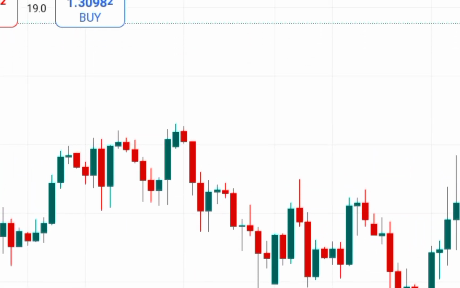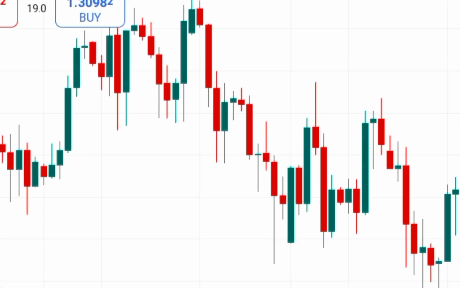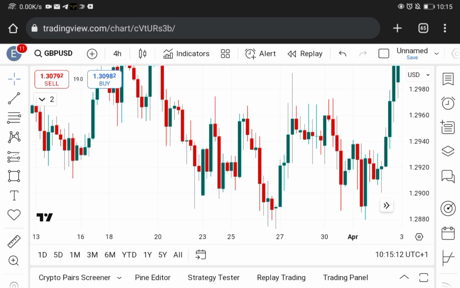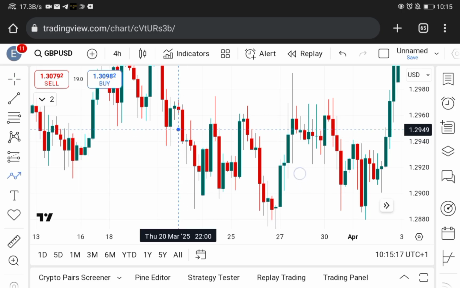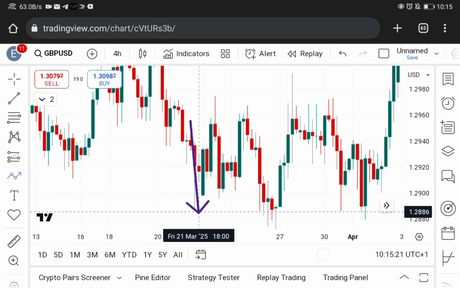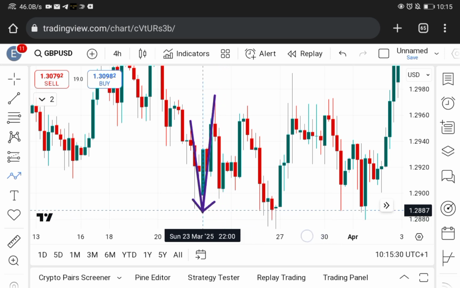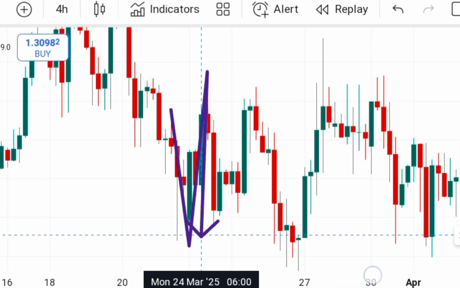So right now we've seen this market. We see that this market has a low here. It pulls back, it has a low, pulls back, it closes above. You see it come down, but it did not close below this wick.